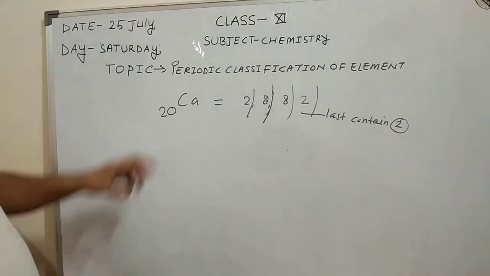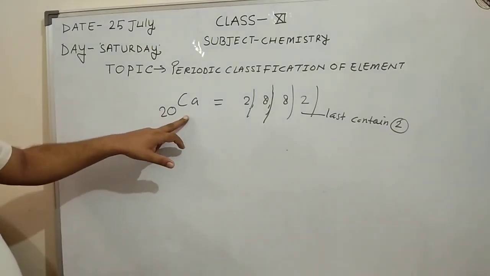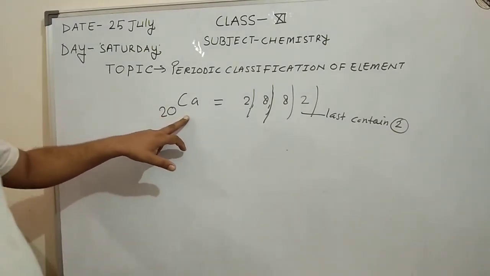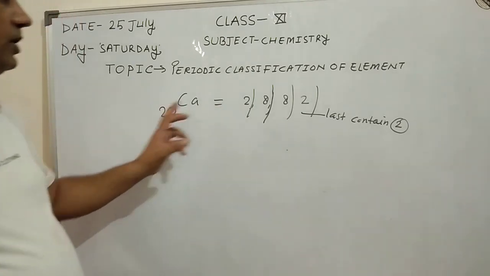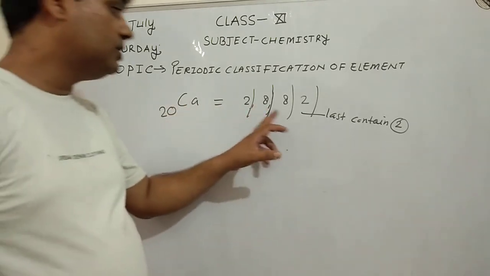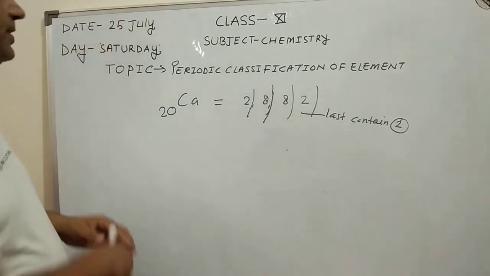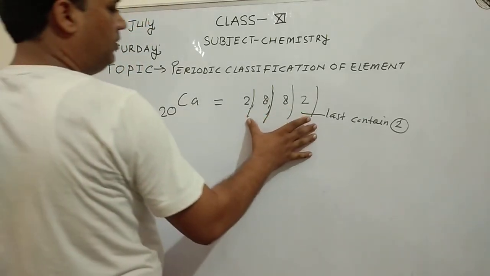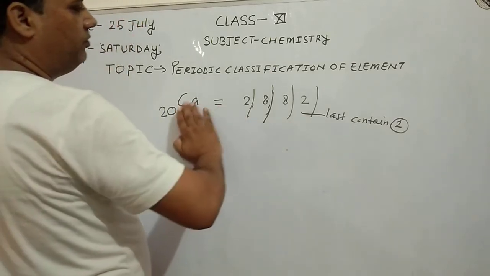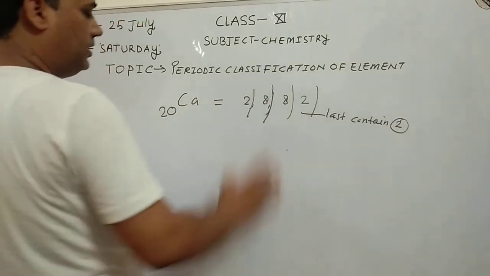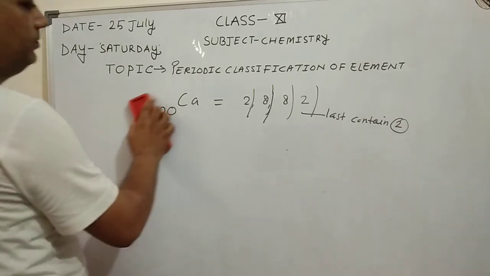So it is very, very important to write the electronic configuration of calcium. We can write it in this way because it contains 4 shells, so we can distribute electrons in 4 shells.